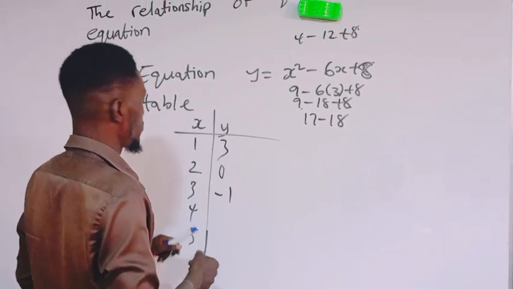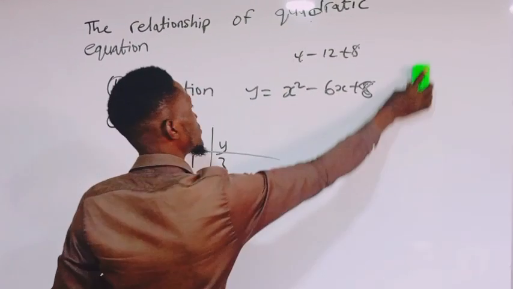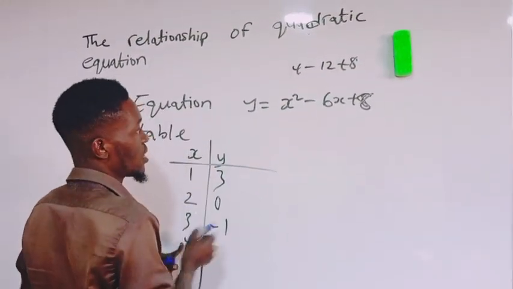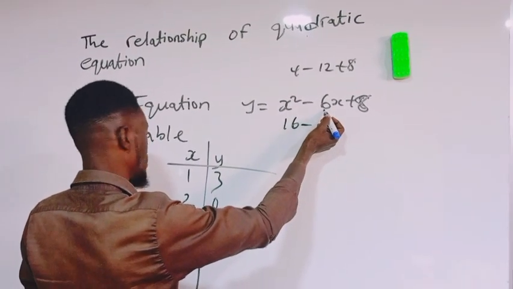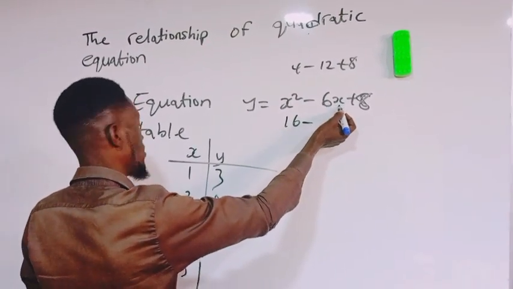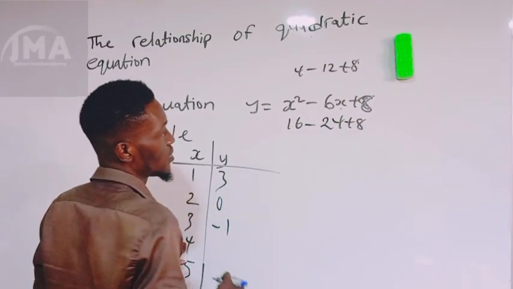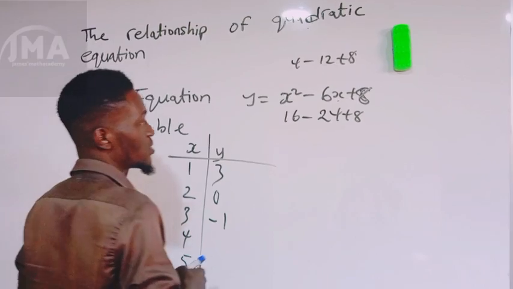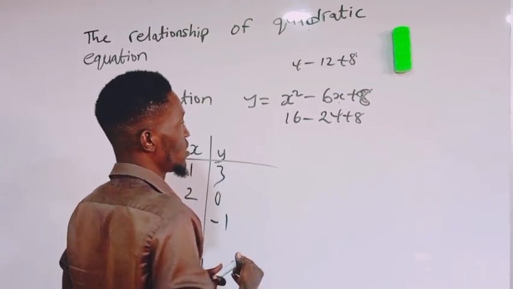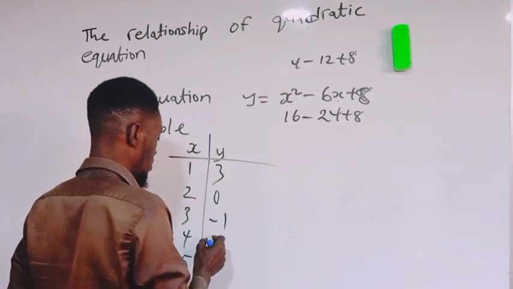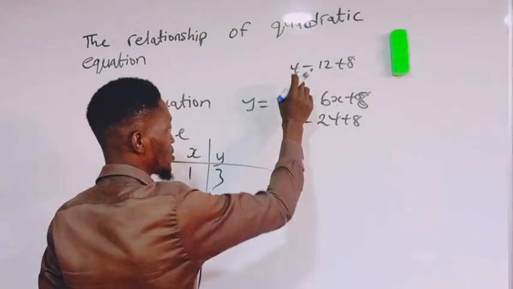If you substitute 4 into this equation, you're going to have 4 times 4, which is 16, minus 6 times 4, which is 24, plus 8. So 16 plus 8 is 24, and 24 minus 24 is 0. Then we substitute 5 into this equation.